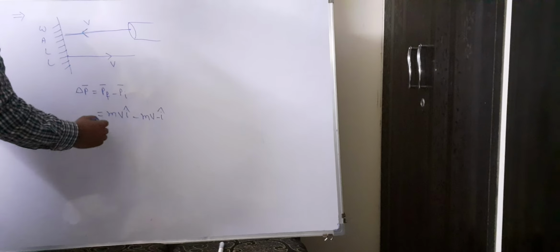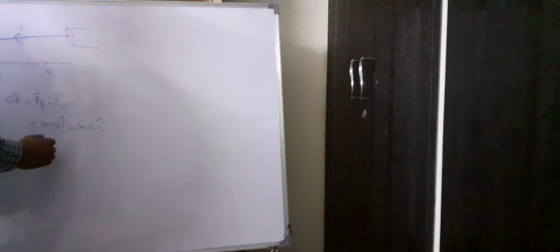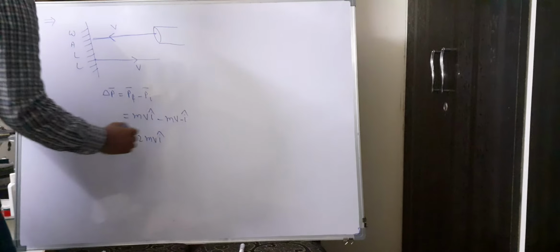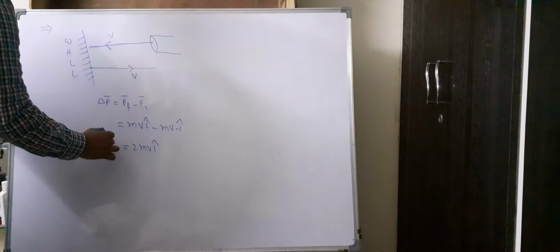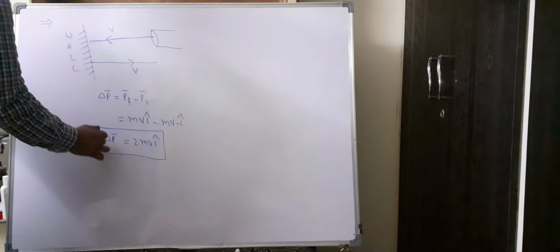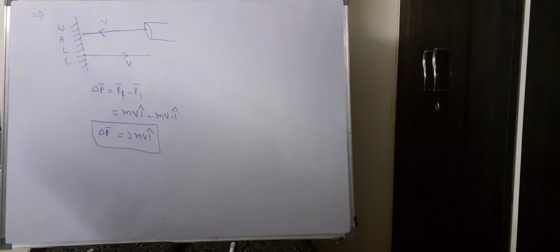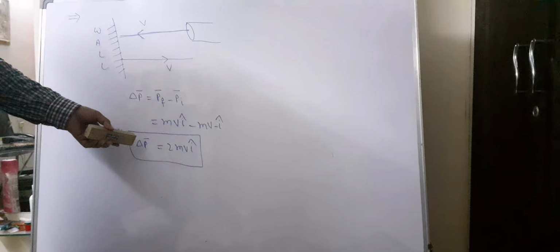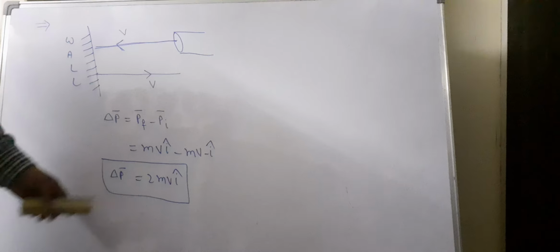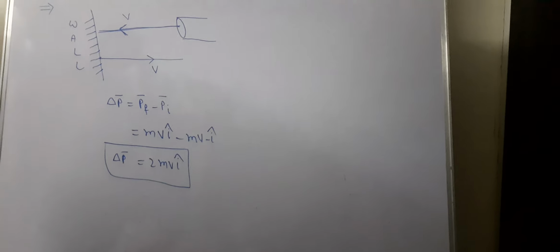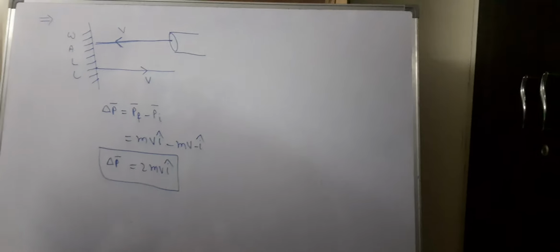Minus into minus gives plus, so mv i cap plus mv i cap is 2mv i cap. This is the formula for change in momentum: 2mv i cap.